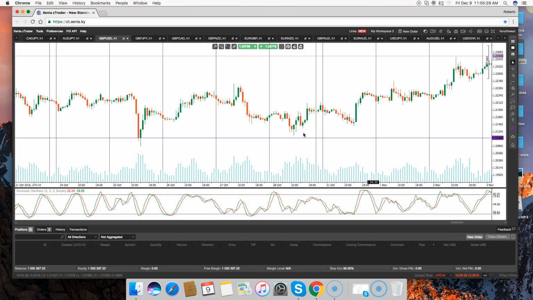If you don't have a previous support or resistance level, if you don't have a reversal candlestick pattern, and if you don't have the stochastic indicator overbought or oversold, it's not a valid trade. It's not a high probability trade.